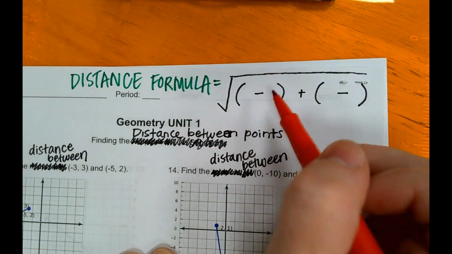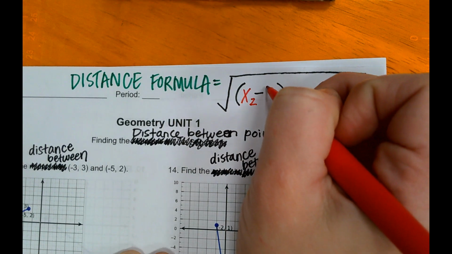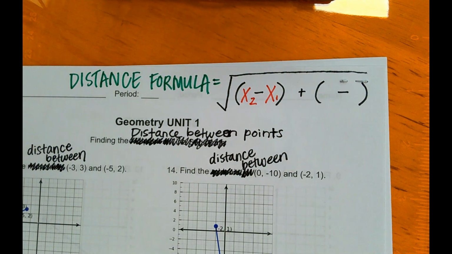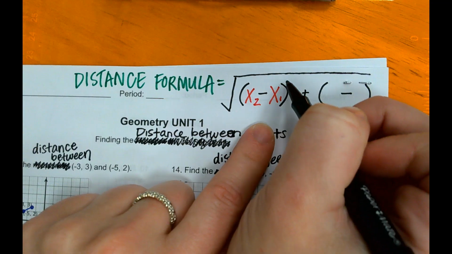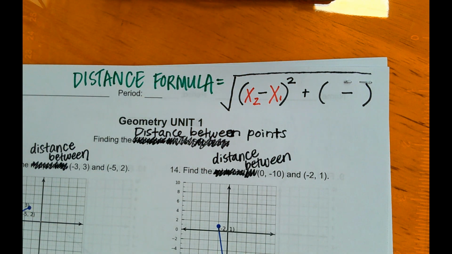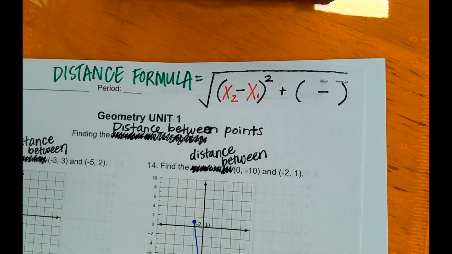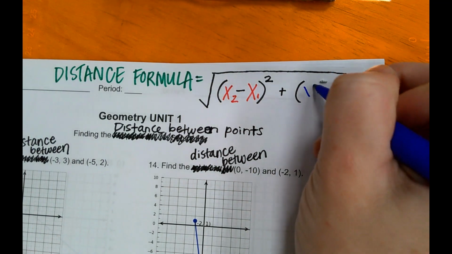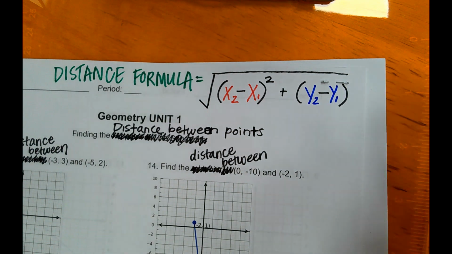In your first set of parentheses, we're going to do x2 minus x1 squared. So I'm going to put a little 2 outside my parentheses above my x2 minus x1, like this. Then in my second parentheses, y2 minus y1, also squared.